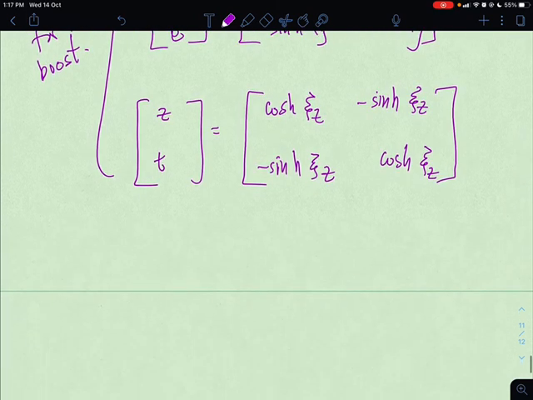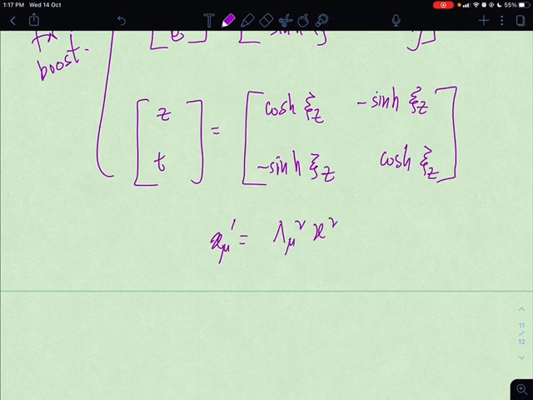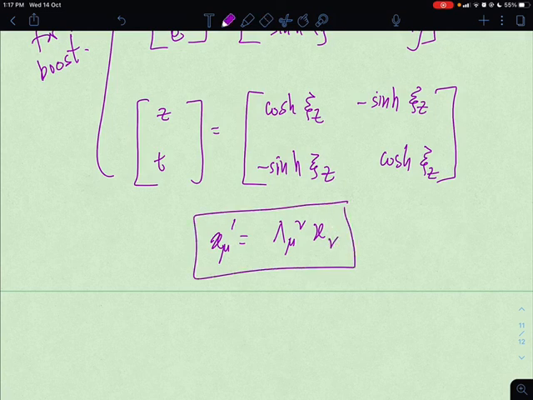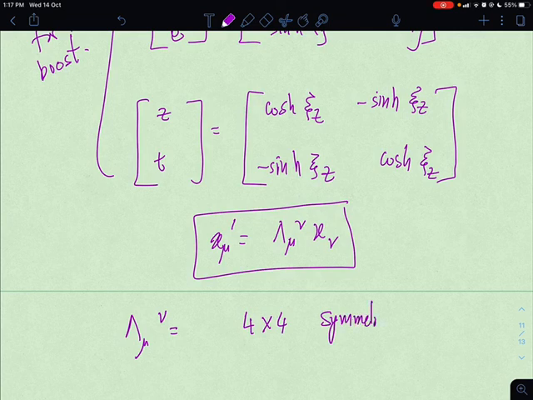So, now let us come to the counting of the parameters. All these parameters form the group. So, you have x mu prime is equal to lambda mu nu x nu. This lambda mu nu is a 4 by 4 symmetric matrix.